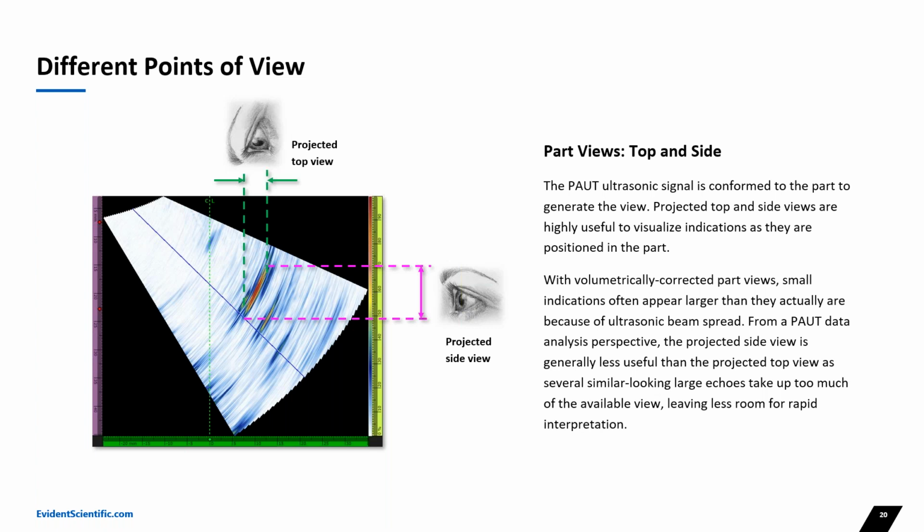The projected top view looks down, basically as if you were looking from the top, at the top of the part or the weld, looking down in the echoes inside the part. Similarly, the projected side view is doing the same from the side.